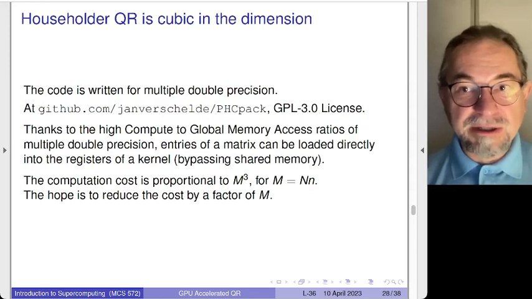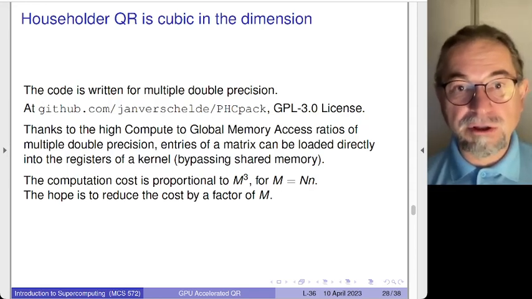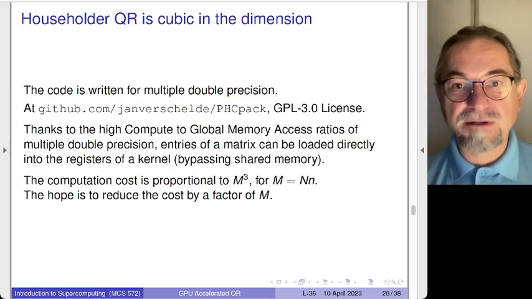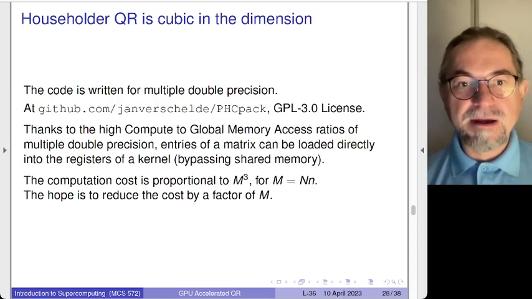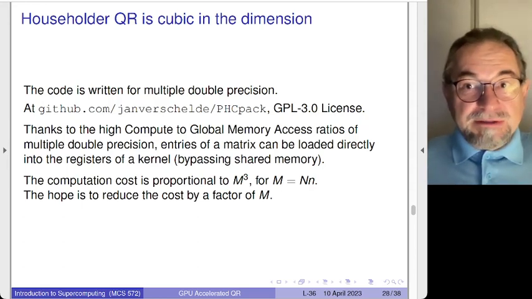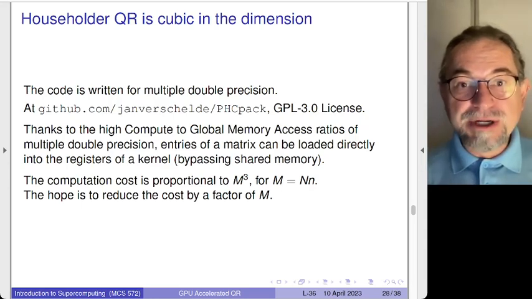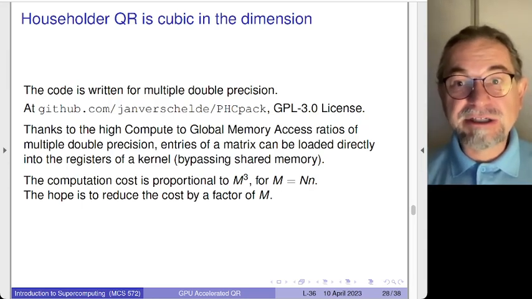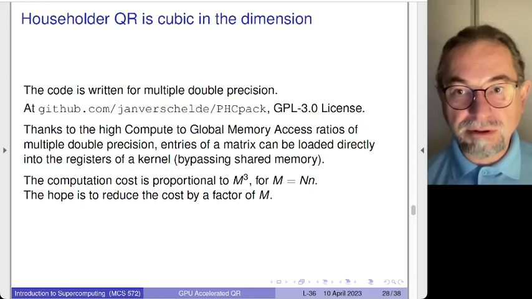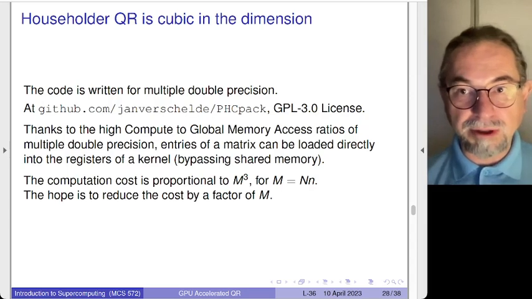So the implementation that I developed is written for multiple double precision. So this algorithm is not going to perform very well on 64-bit. So the 64-bit is only the reference. In some sense, that's often the first step what we do in a quadratically converging algorithm. We defined several times the compute to global memory access ratios. So they're actually extremely favorable for multiple double precision. So this is also here the main benefit. You go from double to double-double.